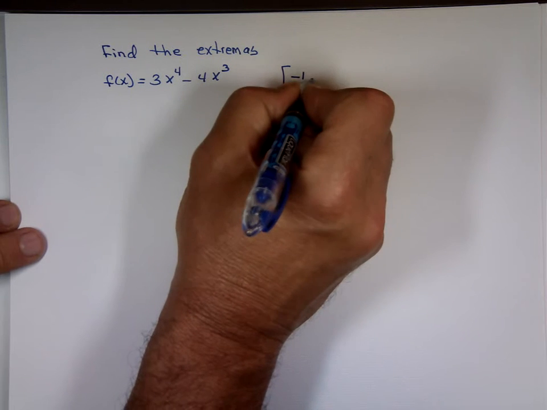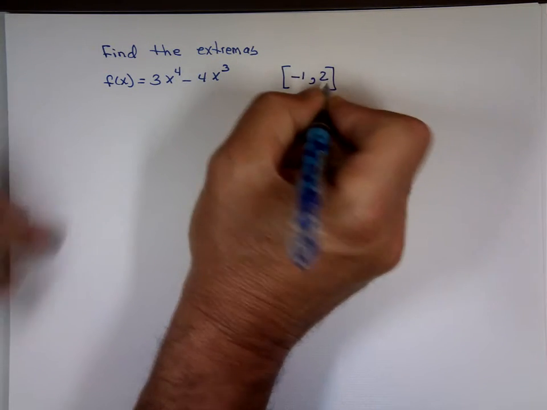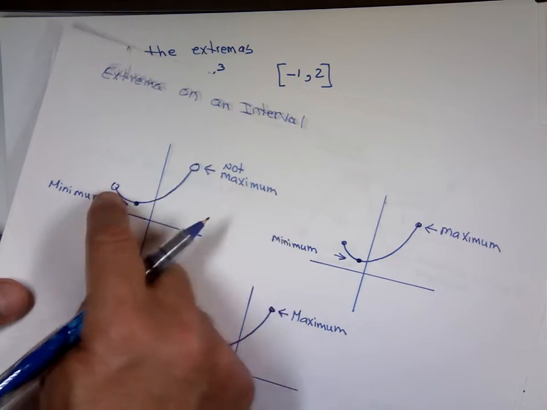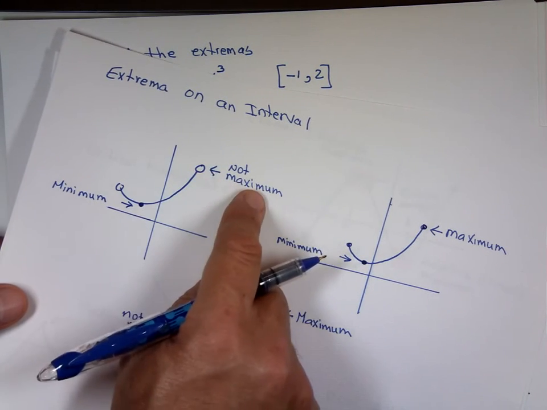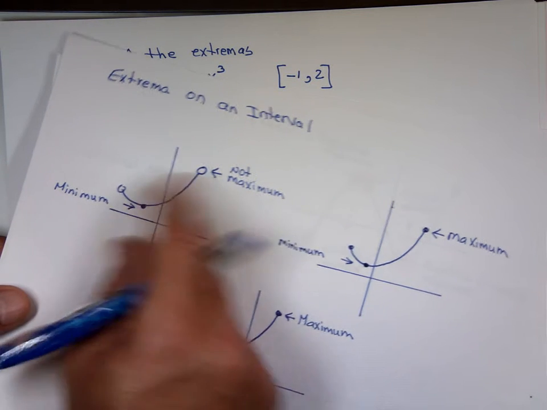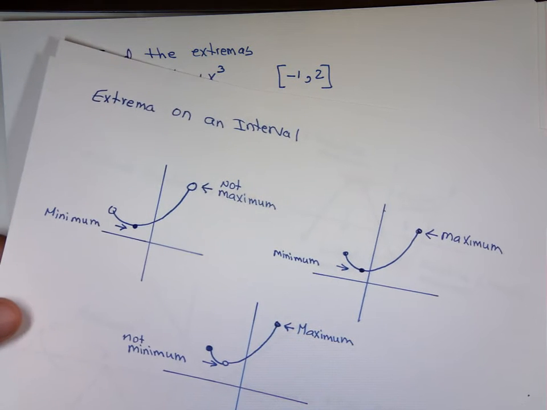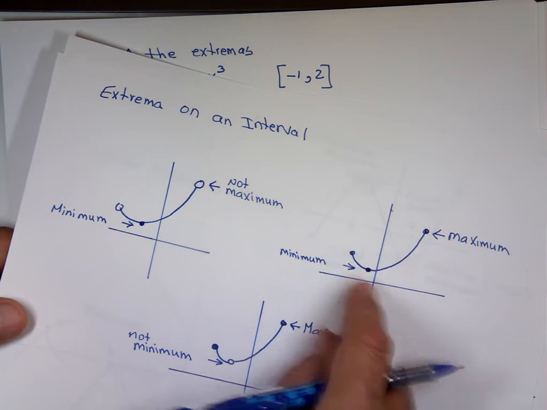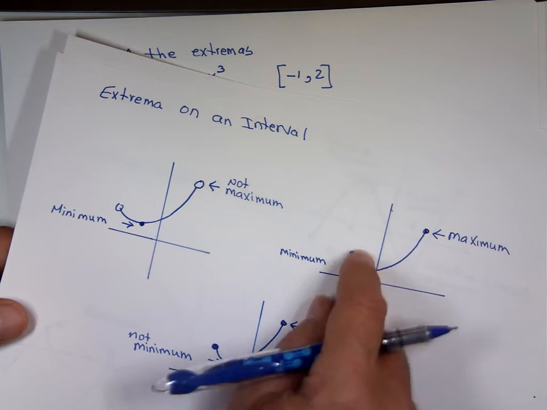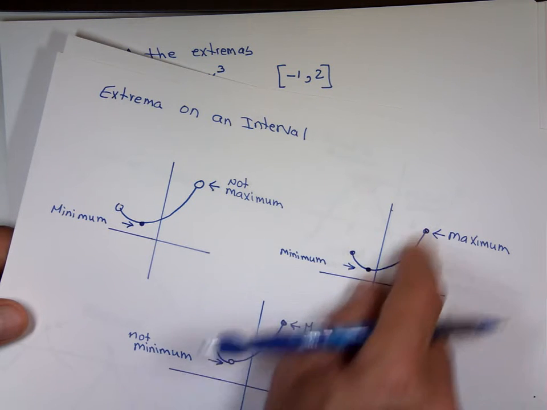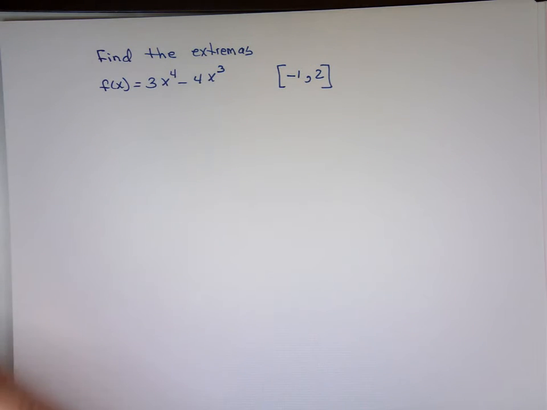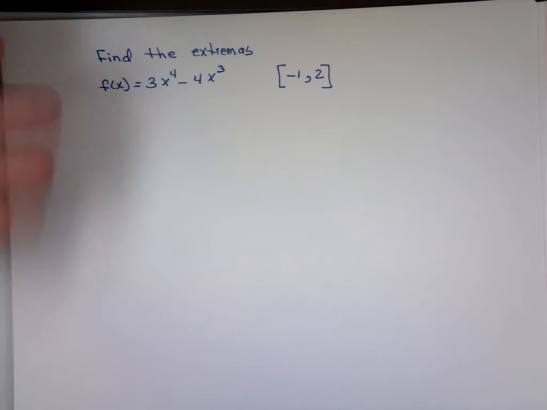It has to be a closed interval, because if it's open, remember, if these are not included, like this open interval, there is no maximum. So I use the closed one because they could be. If you're going to have a maximum value, it's going to be either the end points or somewhere in between. So how do we find out where's the minimum, where's the maximum?